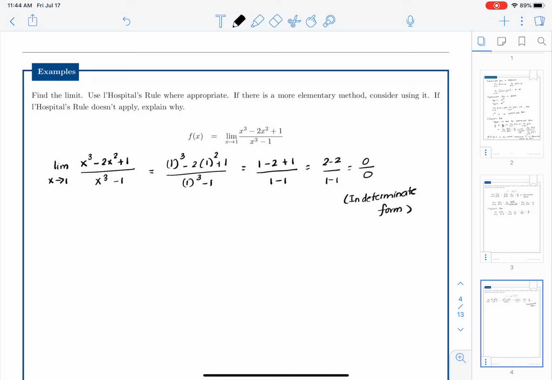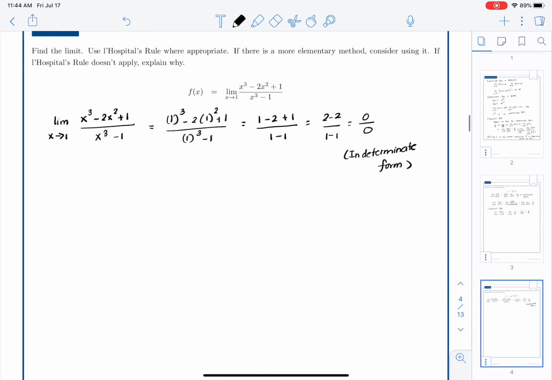Is there an elementary method that we can use to evaluate this limit? Perhaps there is. Could we factor the numerator somehow?